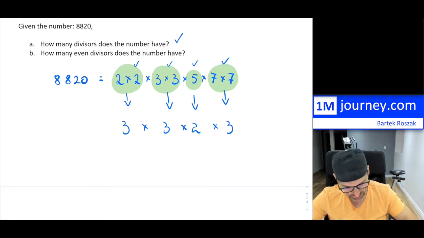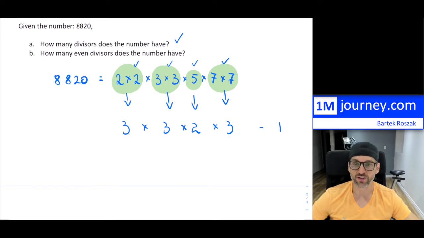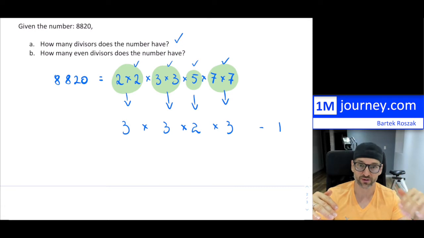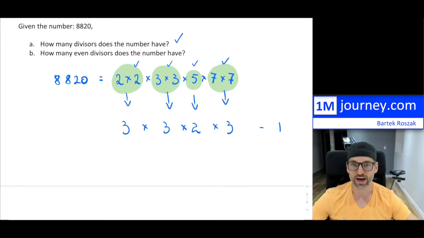Now, we're going to subtract 1 because that would be where we didn't choose a 2, a 3, a 5, or a 7. If we don't choose any of those, then obviously there's nothing that we have, so I'm going to subtract that. But all the other possibilities are going to give us the total number of divisors, and it's going to be quite a lot of them.